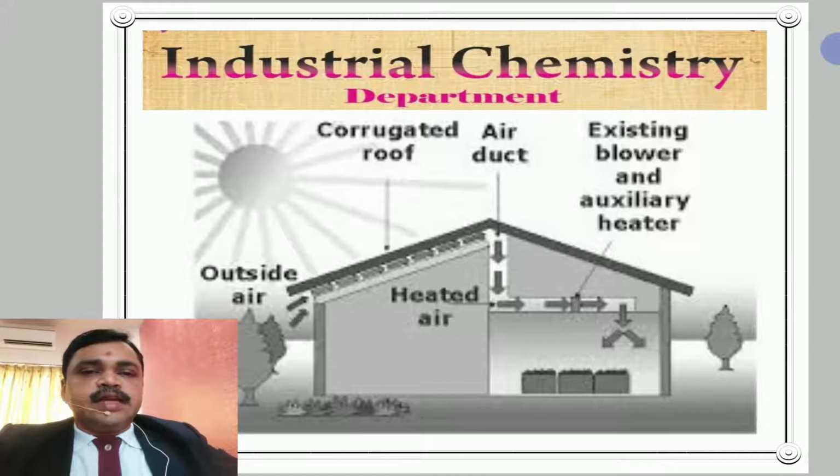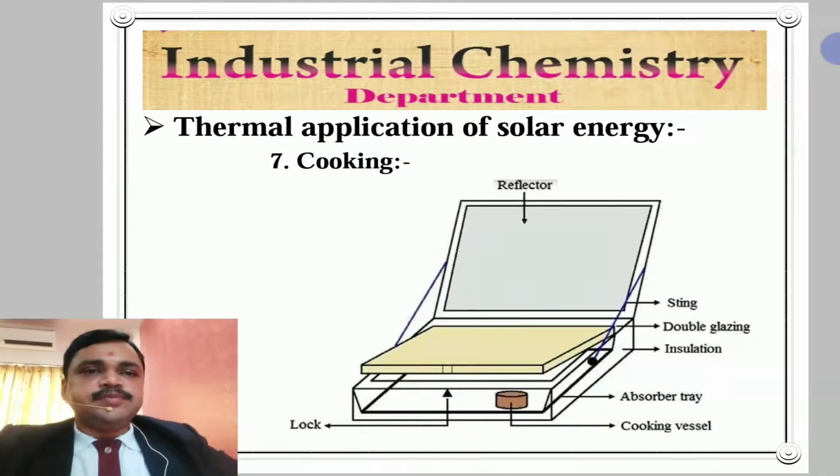Now the last application is cooking, and we are all well acquainted with the solar cooker. Our last application is solar cooking or the solar cooker. Now we see a detailed account of the solar cooker.